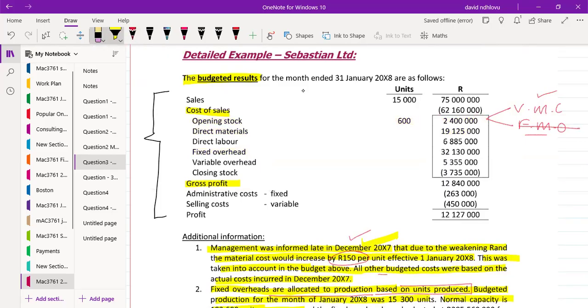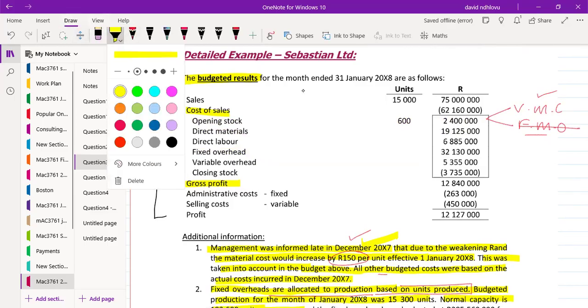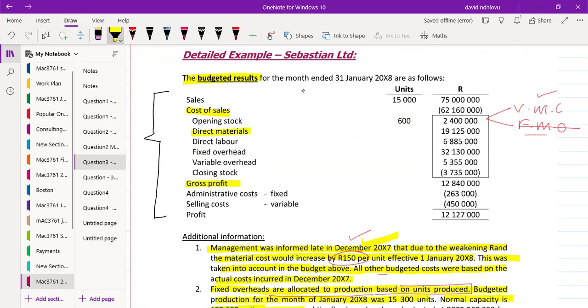Remember, this is a direct cost. We may need to know how many units were budgeted here so that we can calculate the cost per unit and then multiply by the actual number of units that were produced in the current period.